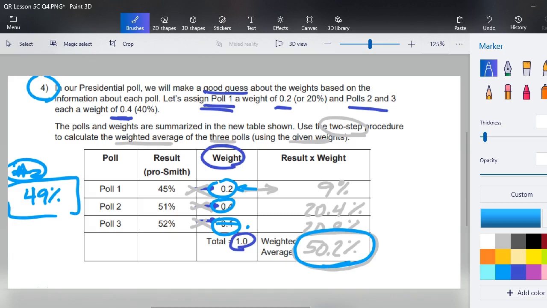So maybe you use a 0.3 here and a 0.5 here, because I believe that's the one that had like 2,000 people participating in the poll, and maybe still leave this one at 0.2. We still add up to 1, but that gives the second poll a little bit more value because of the N, because of the number of participants.